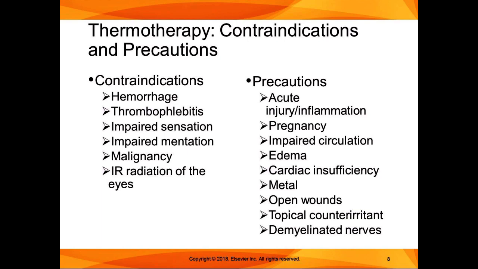Cardiac insufficiency, because when you're changing the fluid dynamics, the hemodynamics, you're putting extra pressure on your heart. If someone has metal implants, they might have more of a reaction to heat. It's not an absolute contraindication, but it might not be the best thing for them. Open wounds, same thing. The hemodynamic concerns come into play there.